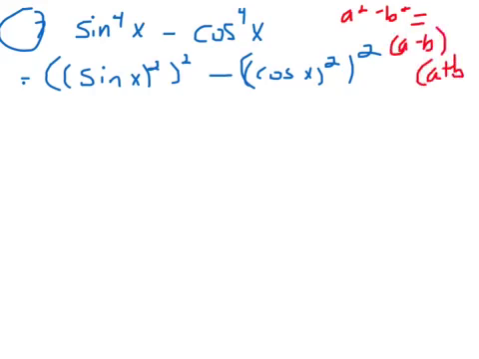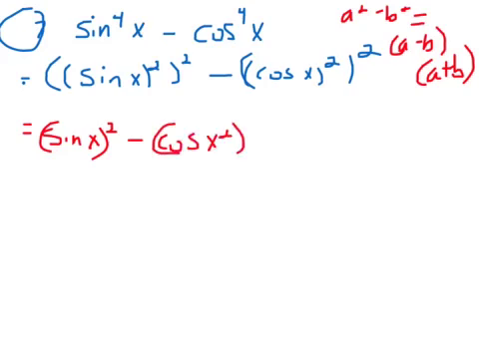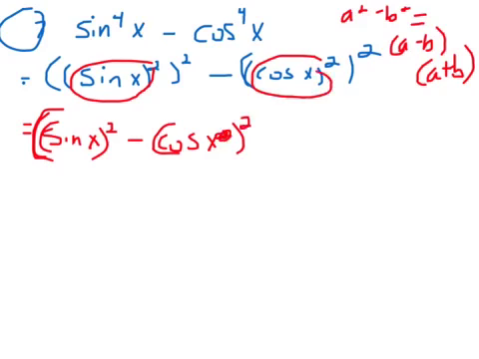Again, it doesn't matter whether you put the plus or the minus first. So this would be sine x squared minus cosine x squared. And the first factor, because your a is this sine squared x and your b is this cosine squared x. Let me put the square out here.